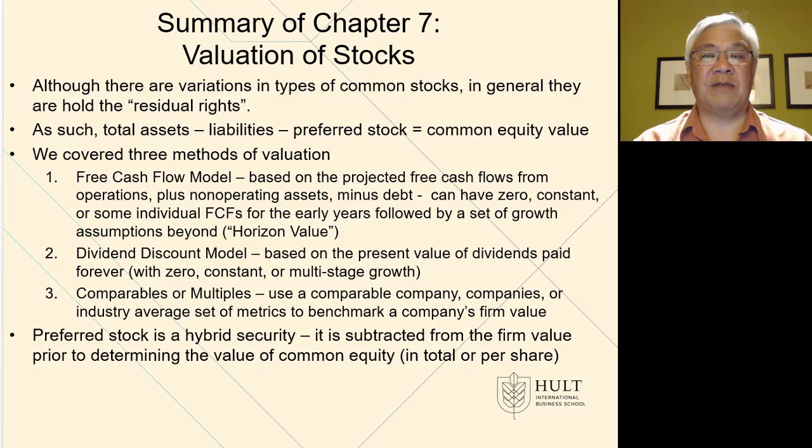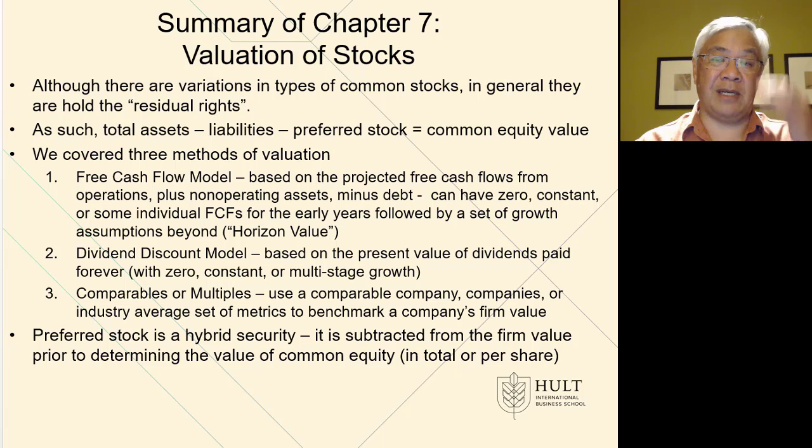And finally, we looked at multiples, simplest of all, which is to benchmark one company where you do not have a market value to other companies that are similar that do have market capitalizations or market values. And from those relationships for the subject company, apply it back to your company and get an estimate.